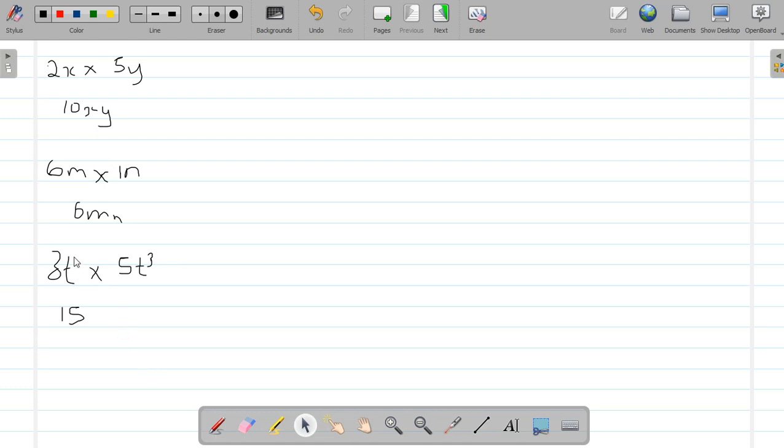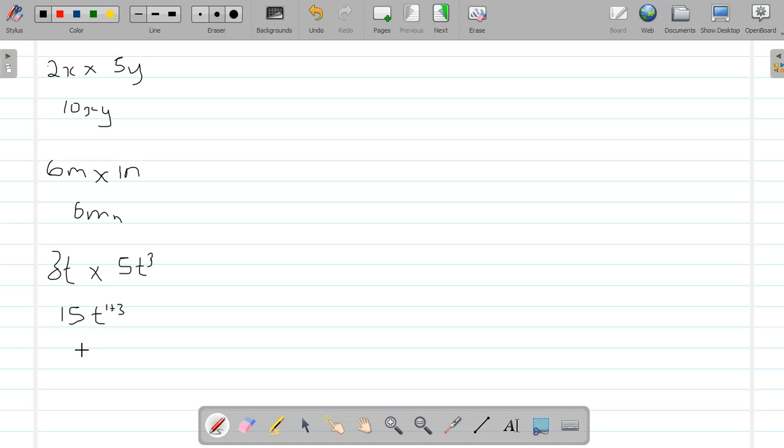The exponent of t for the number 3 is 1, and that of 5 is 3. So in actual sense, I can write this as t exponent 1 plus 3.